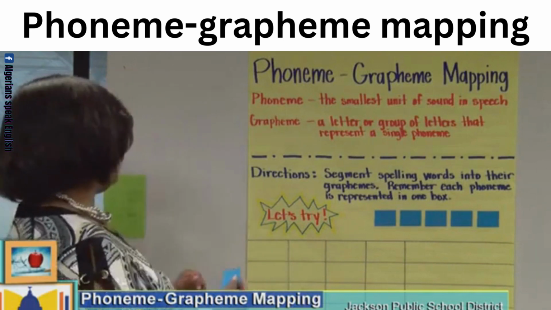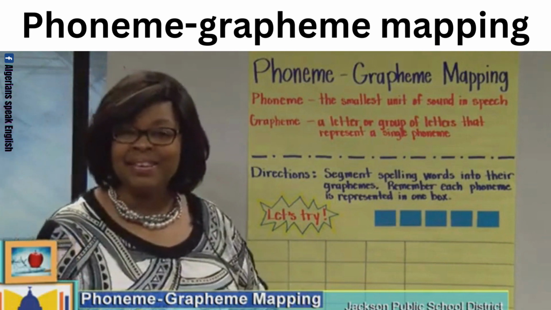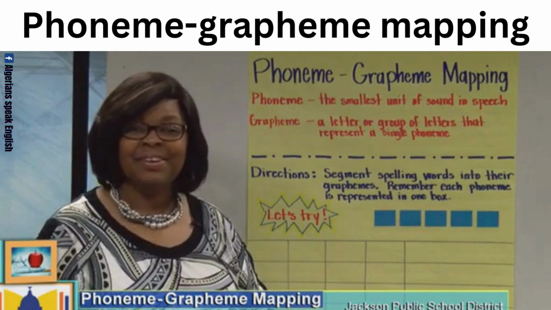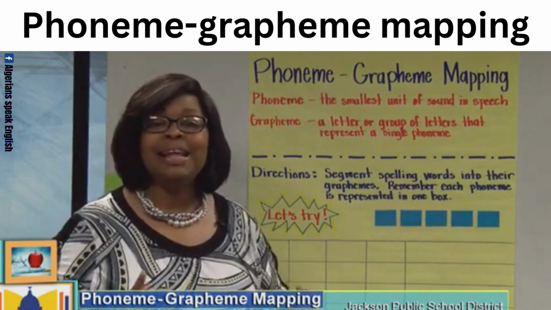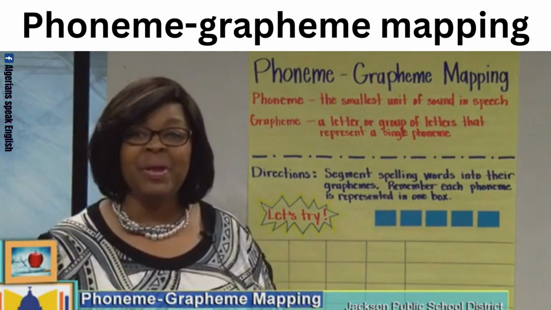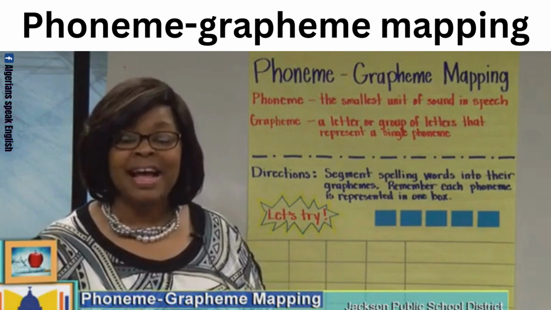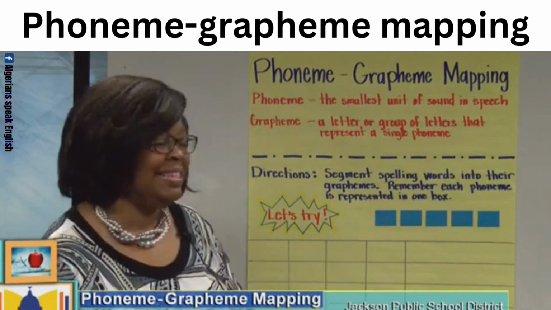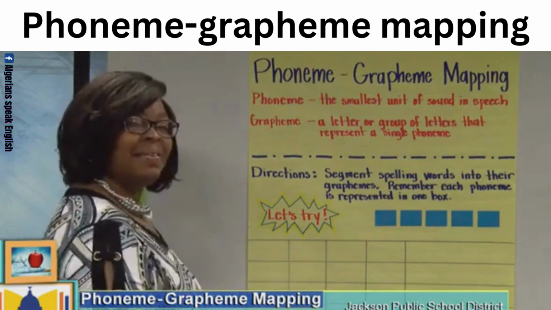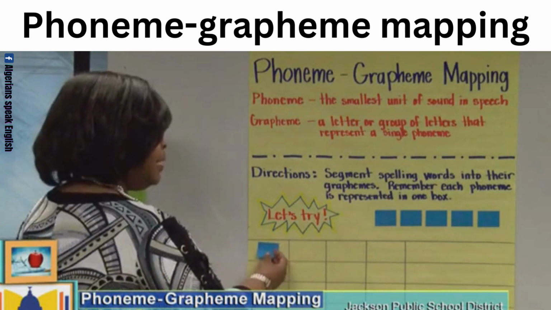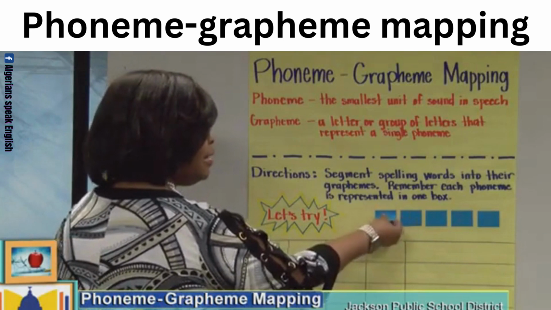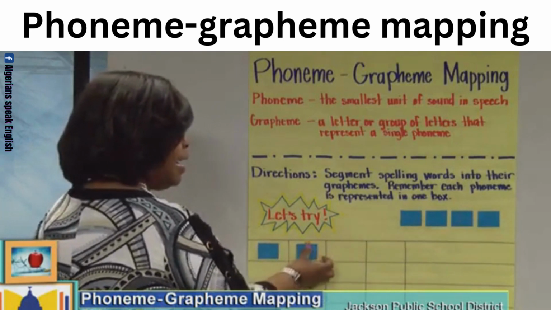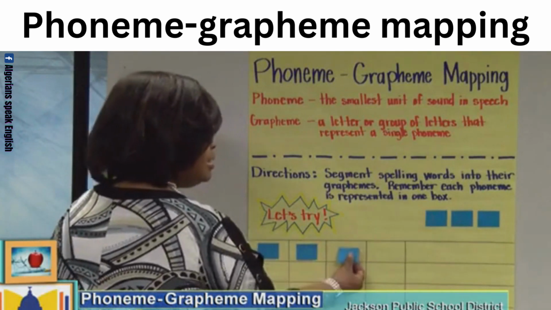So our first word is bat. Can you say bat? Great job. Now, let's think about the number of sounds we hear in the word bat, the number of phonemes. Ready? B, a, t.